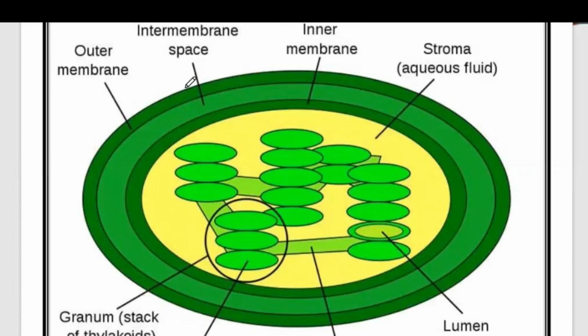It has the outer membrane, the inner membrane, and these sacs. The sac is called a thylakoid, but the space is the lumen.